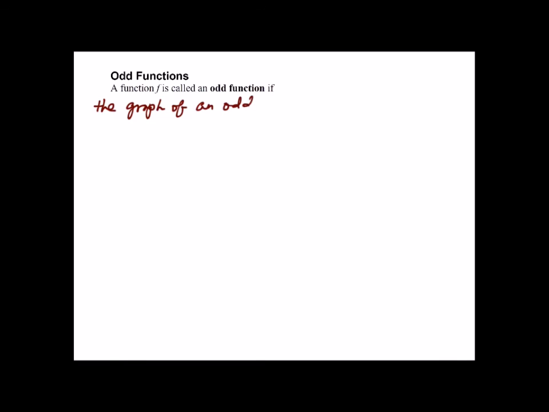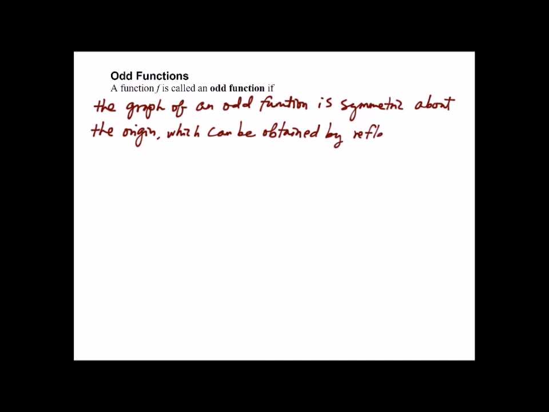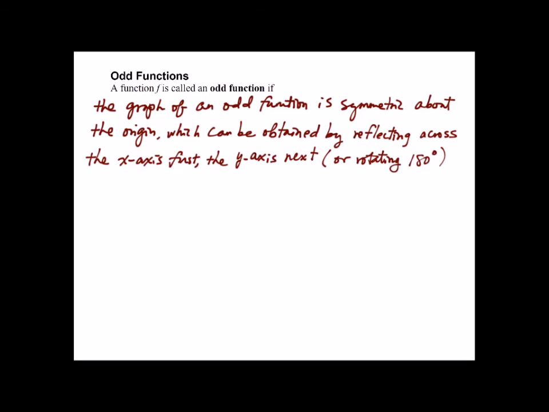The graph of an odd function is symmetric about the origin, which is obtained by reflecting across the x-axis first, then the y-axis next, or actually can be accomplished by simply rotating around the origin 180 degrees. So for example, to graph y equals x cubed, I could start by graphing the positive portion of x values first.